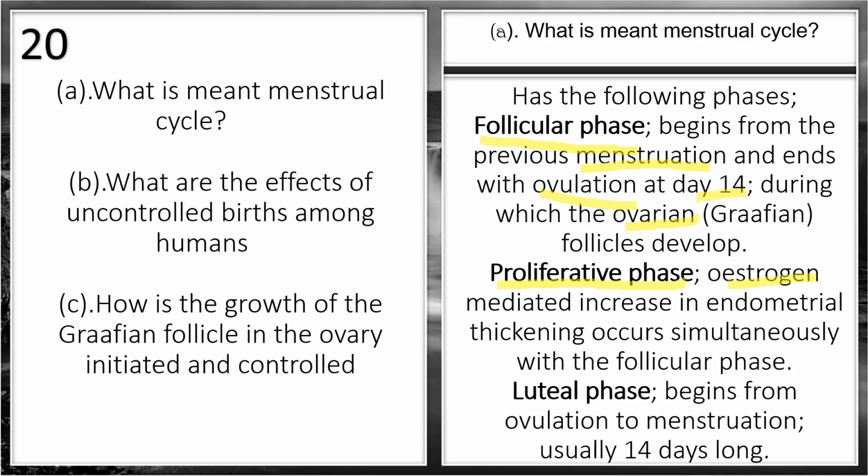Here, estrogen-mediated increase in the endometrial thickening occurs simultaneously with the follicular phase. Then there is the luteal phase. This begins from ovulation to menstruation, usually 14 days long.